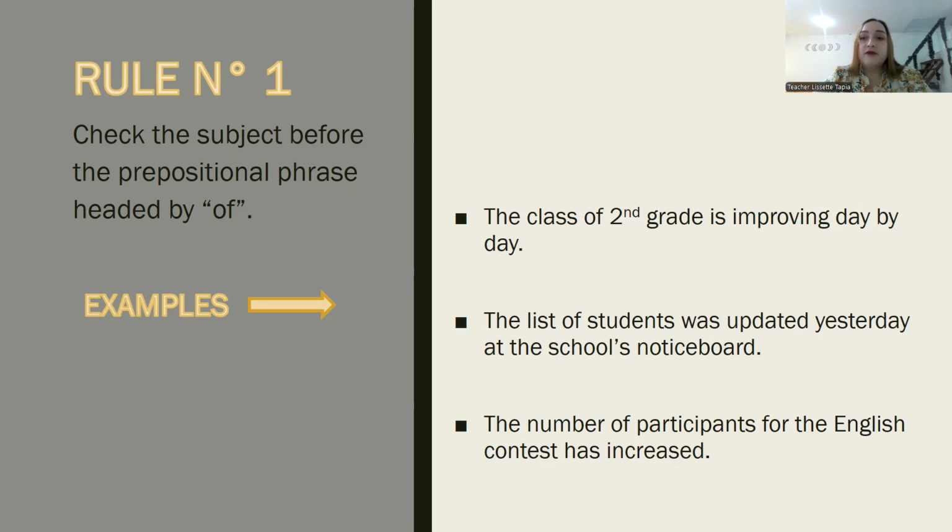We have to check the word before the preposition of to know if I am going to use a singular or a plural verb. I have 3 examples here. The first one: the class of 2nd grade is improving day by day. We might think that the class is a plural subject, but as we are talking about a whole, we have to use is.